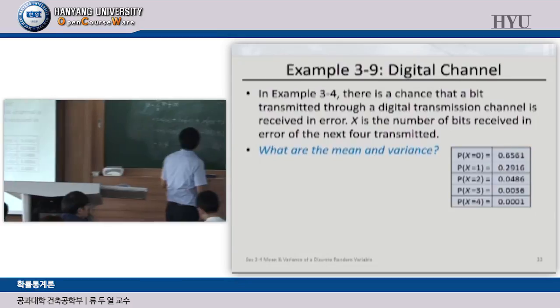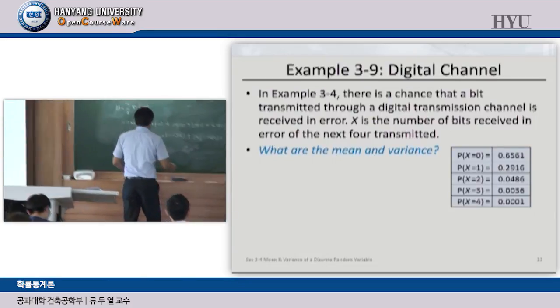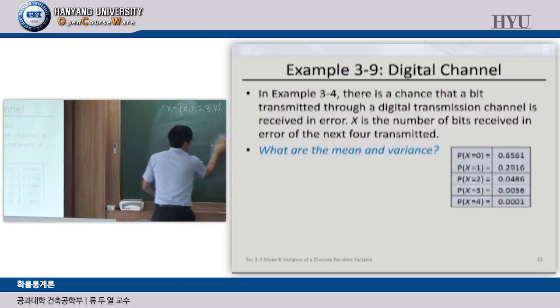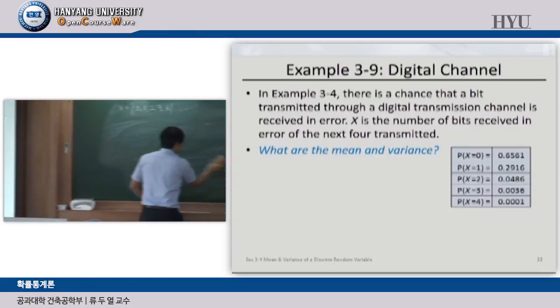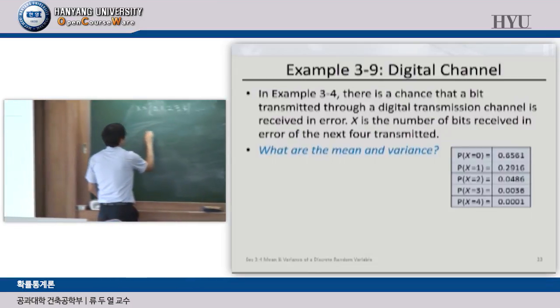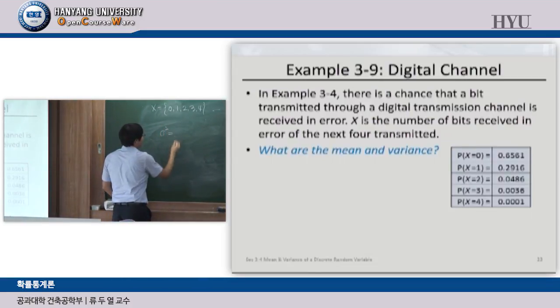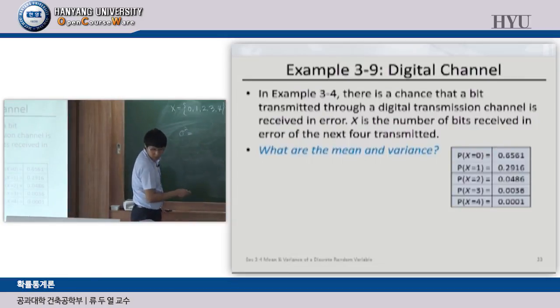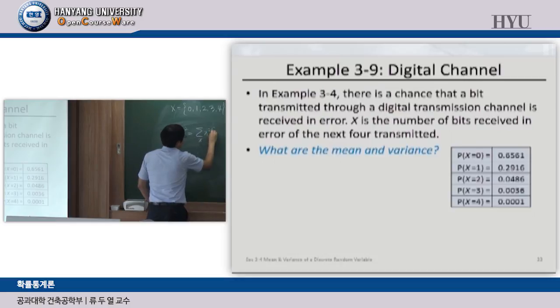So what is the variance? The variance is sigma square, and it can be the summation of x square f(x) minus mu square.